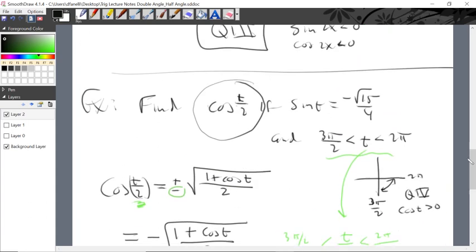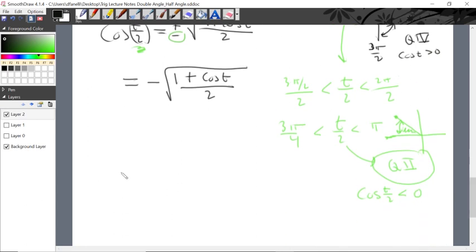Now we need to know what the cosine of t is. How do we know the cosine of t? We're given the sine of t and the quadrant for t. We have to find the cosine of t in order to plug it into this formula. The cosine of t is equal to plus or minus the square root of 1 minus the sine squared of t.